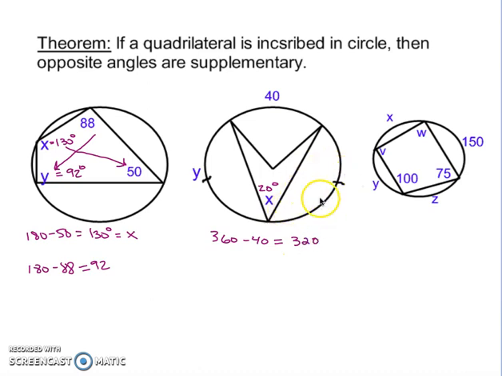These arcs here are marked congruent, so if I take 320 and divide it by 2, that leaves me with 160. So each of these sides would be 160 since they're congruent.